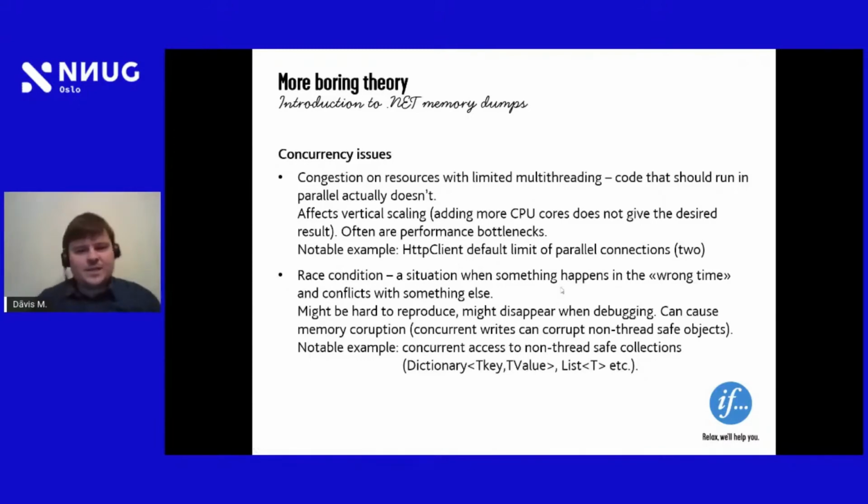A race condition is basically when 2 things happen in parallel in the quote unquote wrong timing. The textbook case would be 2 threads which want to increase the same variable in memory. Let's say the variable contains the number 5, and each thread should increase it by 1.